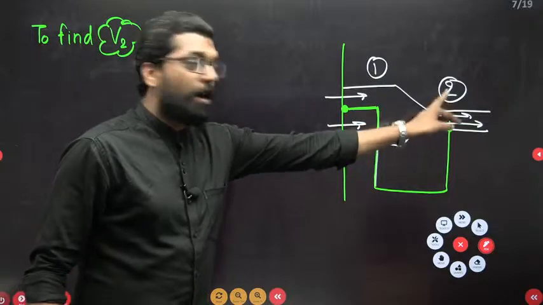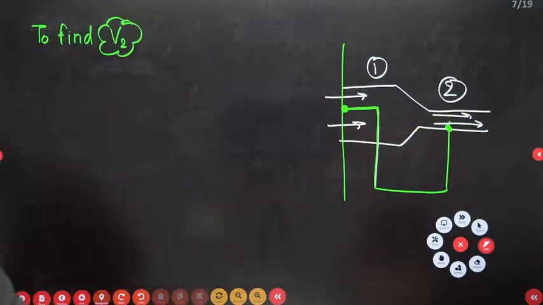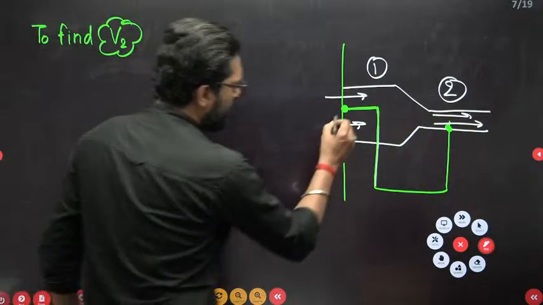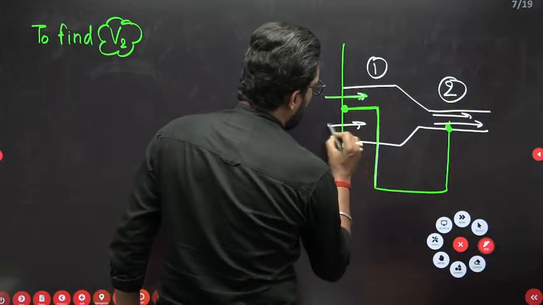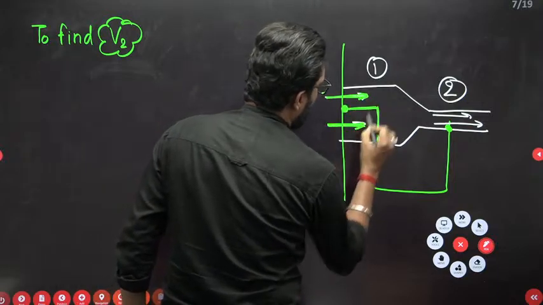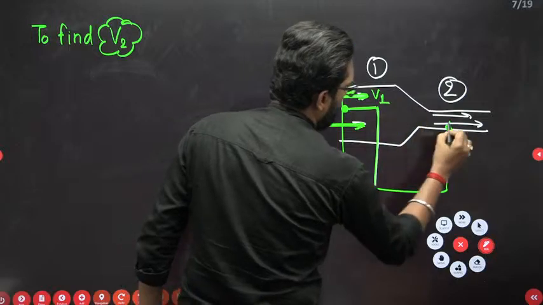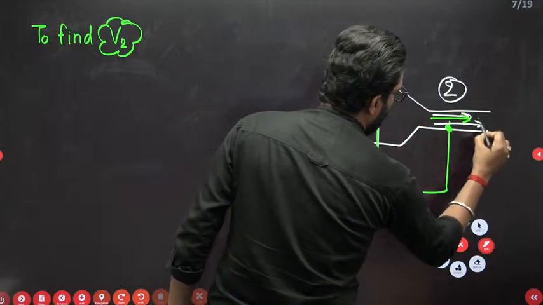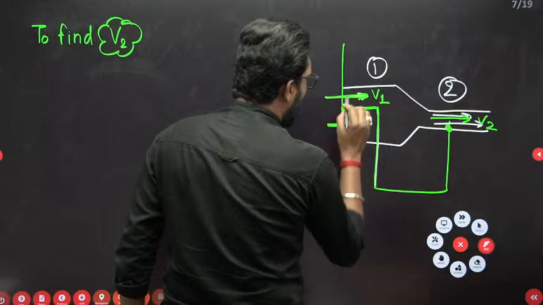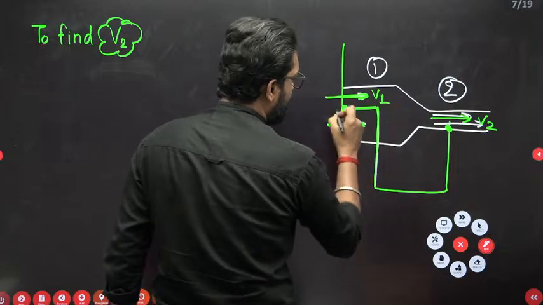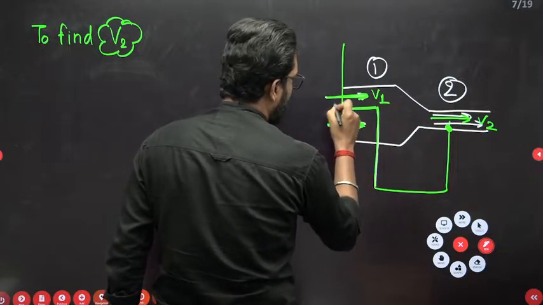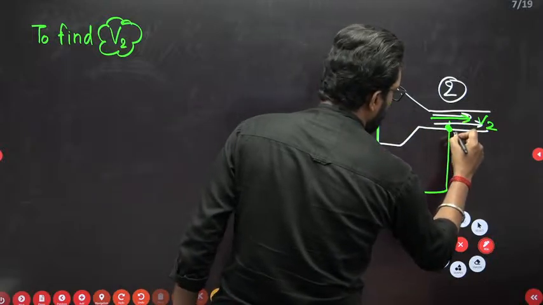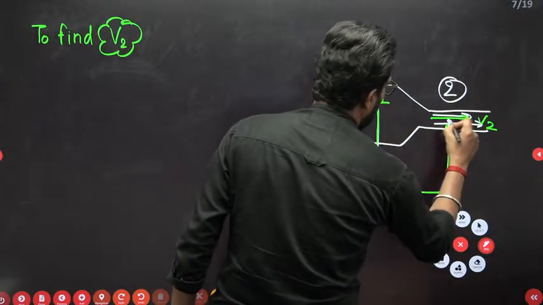But at this point there is a flow velocity. This is your V1, this is your V2. If you apply the Bernoulli equation between point A and point B, same at this point B.